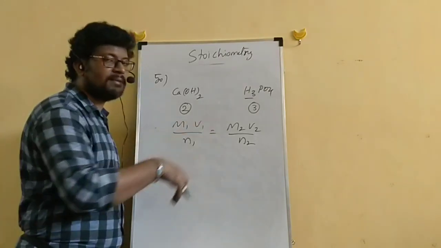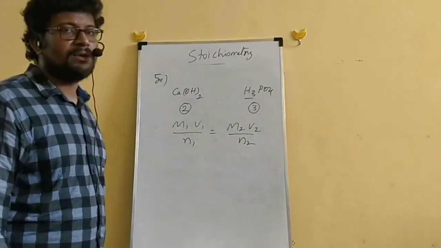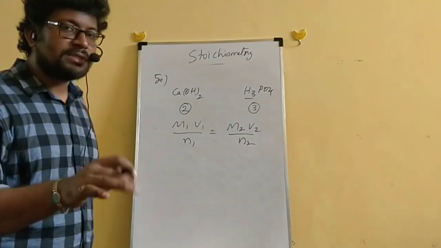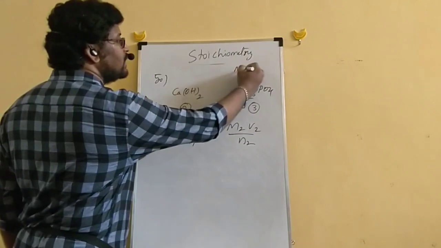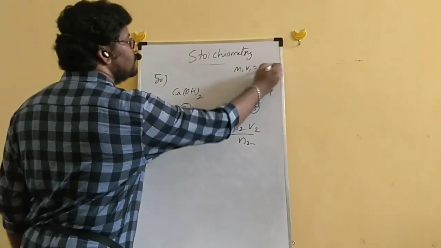Then we have to use the formula M1V1 by N1 is equal to M2V2 by N2. If we have the same number of H plus ions and OH minus ions, we use the formula M1V1 is equal to M2V2.